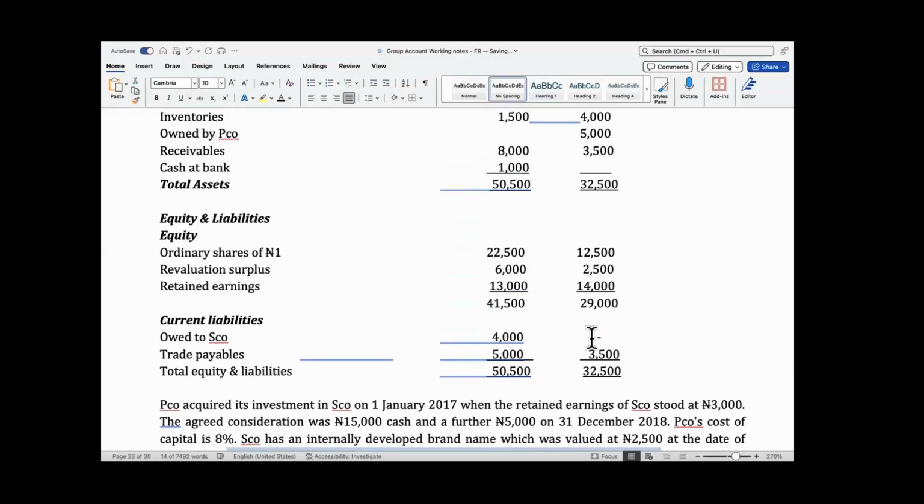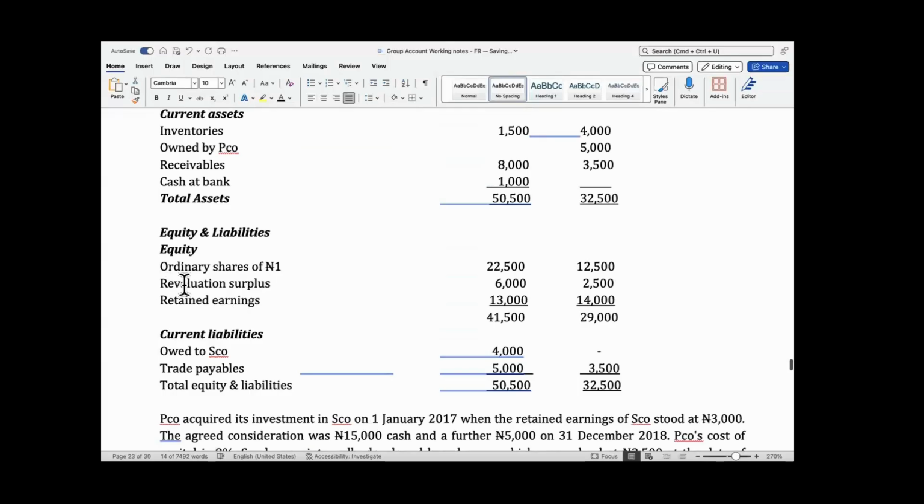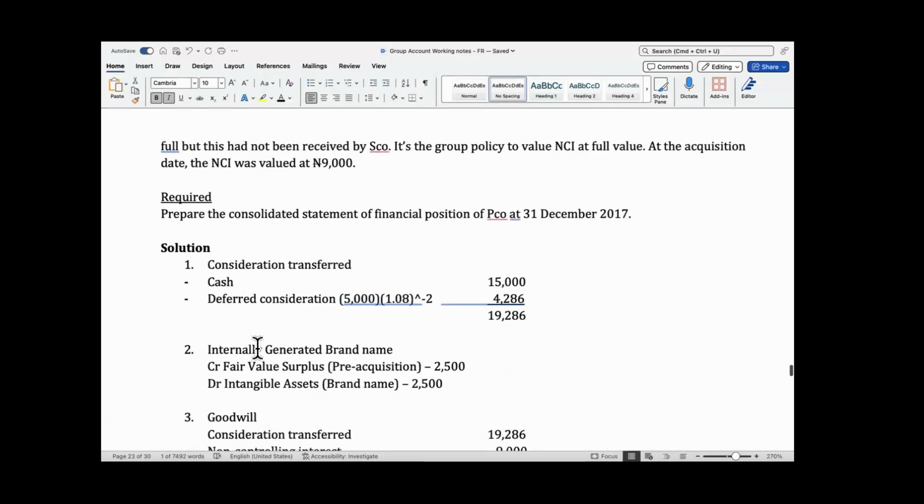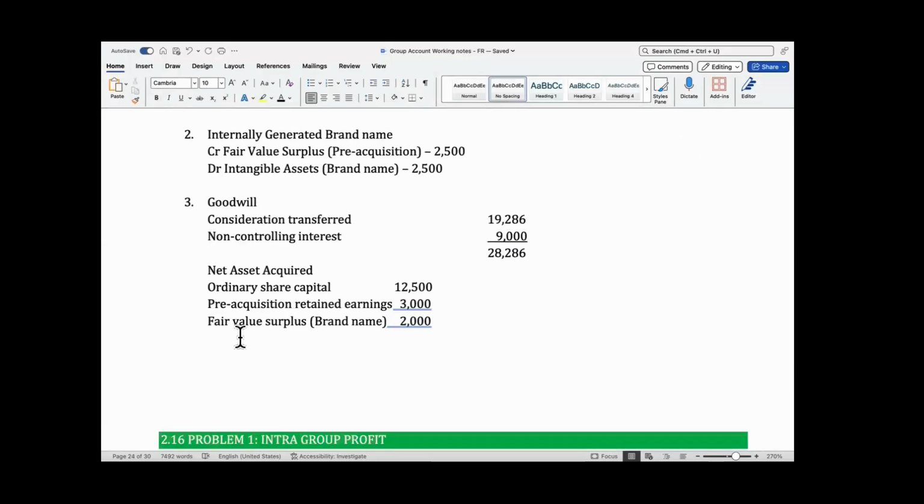A lot of people will not know the relevance of that statement. They are simply telling you that this reserve is pre-acquisition, because there has not been changes. It has been there since acquisition. And since what the parent buys, what it pays for, is the equity or net asset of the subsidiary, it needs to be cancelled out.